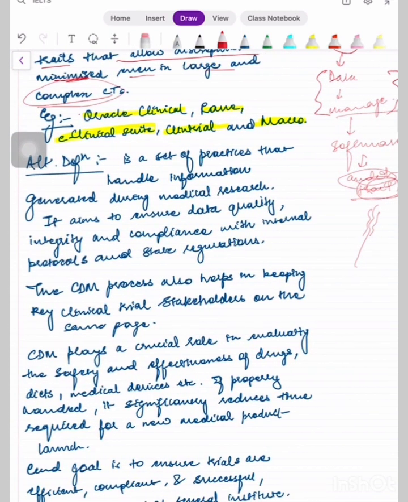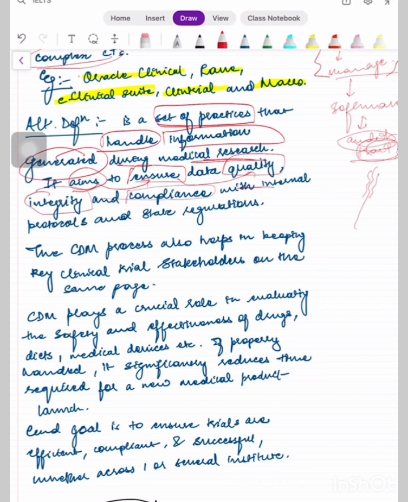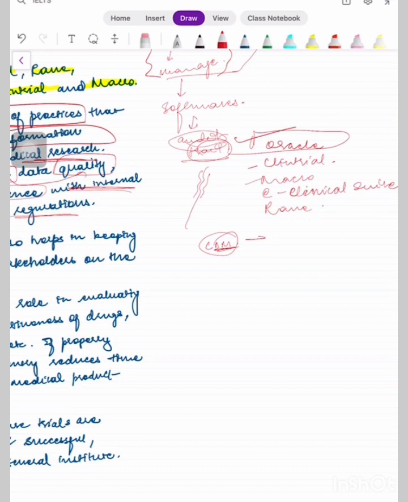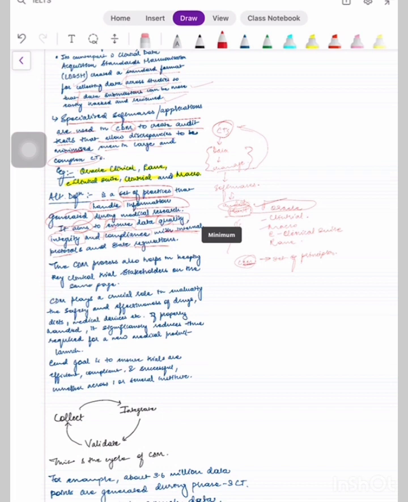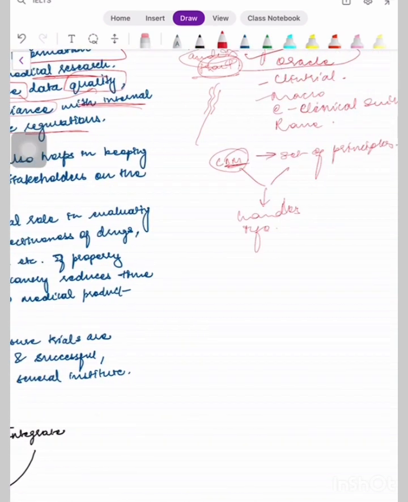So, an alternate definition: it is a set of practices that handle information generated during medical research, and it aims to ensure that data quality, integrity and compliance with internal protocols and state regulations are met. So what they say is that CDM, what we know as clinical data management, is basically a set of principles. And what it does is handle information which was generated during medical research.